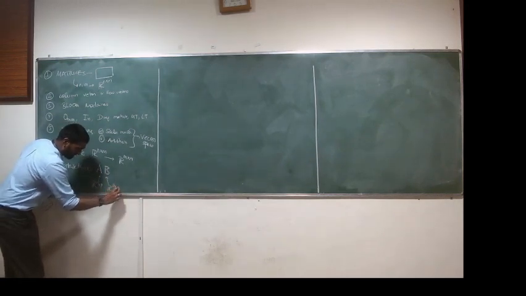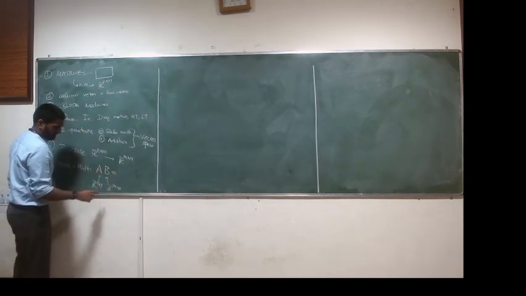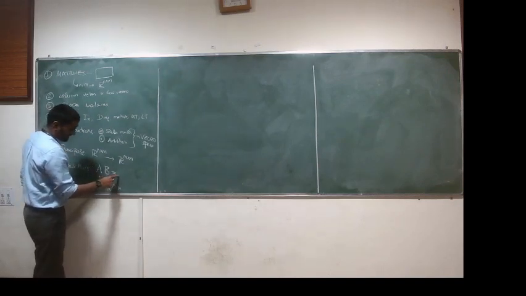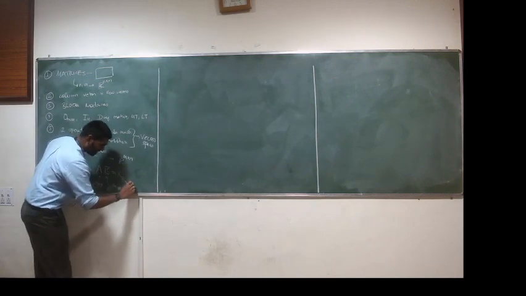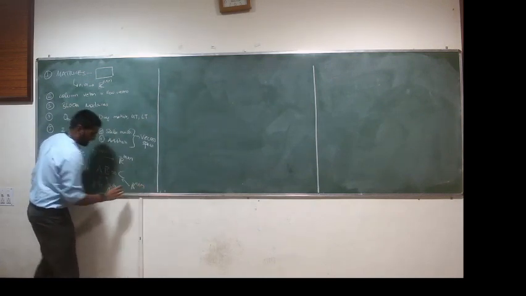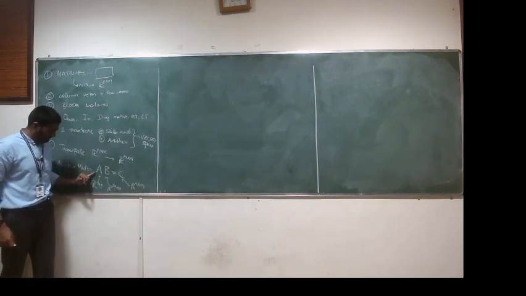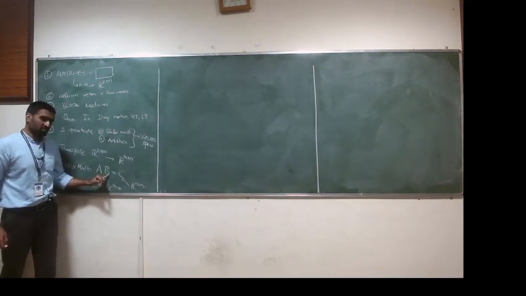It can be any number, m. And if that is the case, I'll get a matrix C. What will be the size of C? n cross m. It will inherit the number of rows of A and the number of columns of B.